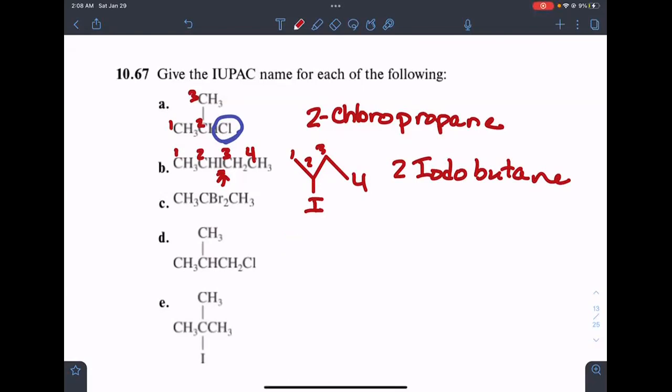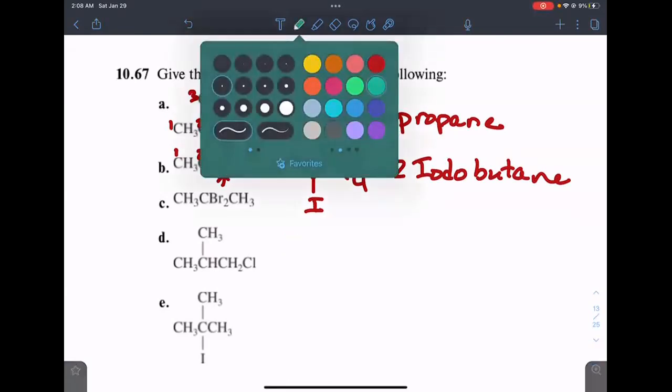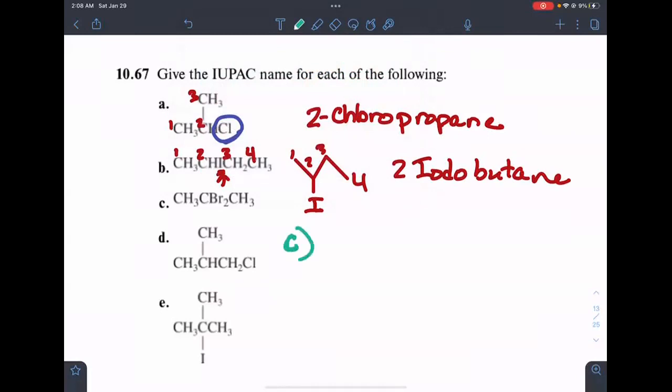Ooh. Do a different color. C. We've got 1, 2. Oh, and be careful with this. This is Br2, 3. So what's actually happening here is that you have 1, 2, 3 carbons, and then coming off of carbon 2, you have 1 bromo group and 2 bromo groups.